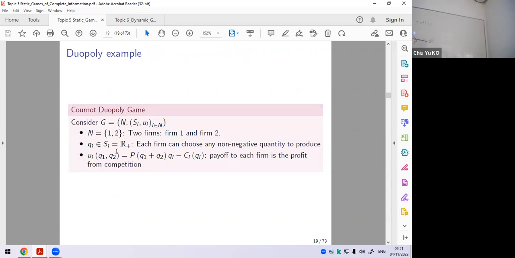In business journals, usually they don't define this in a formal way. You see a description of the firms, what they do, and what the payoff is. But in econ journals, they define it this way, and in computer science as well. Either way is fine.